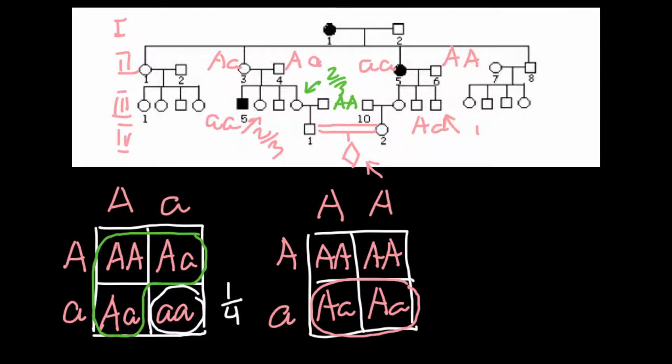So this is 1/2. And now we can return to our problem. The probability for this person to be a carrier would be 1/2 if one parent is heterozygous and another is homozygous dominant, so for him the probability to be a carrier is 1/2.